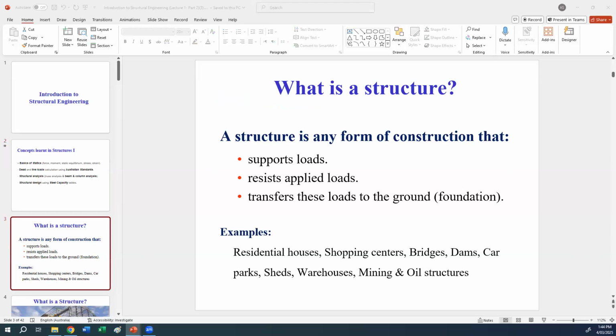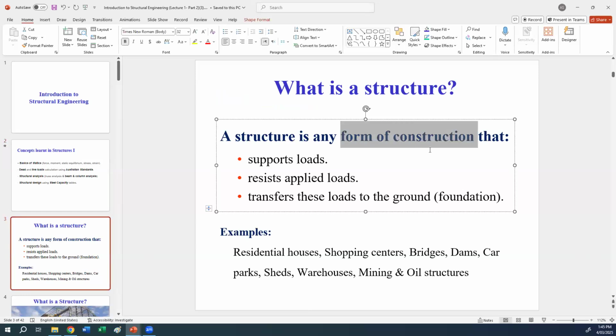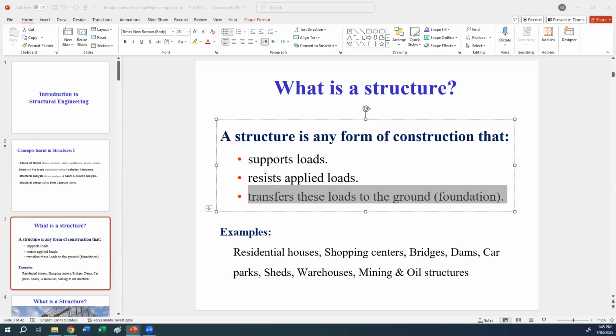The next question is, what do you think a structure is? Do you have any ideas about what a structure is, or an example of a structure? A structure is any form of construction that can support load, resist applied loads, or transfer the loads to the ground or the foundation. Anything that does these three things is considered a structure.